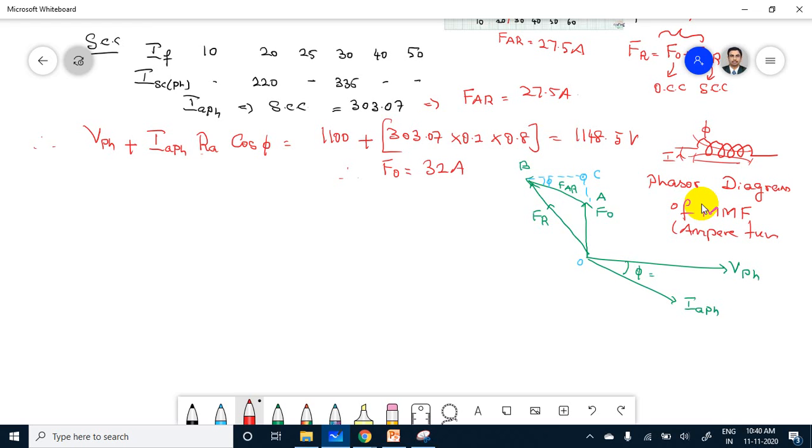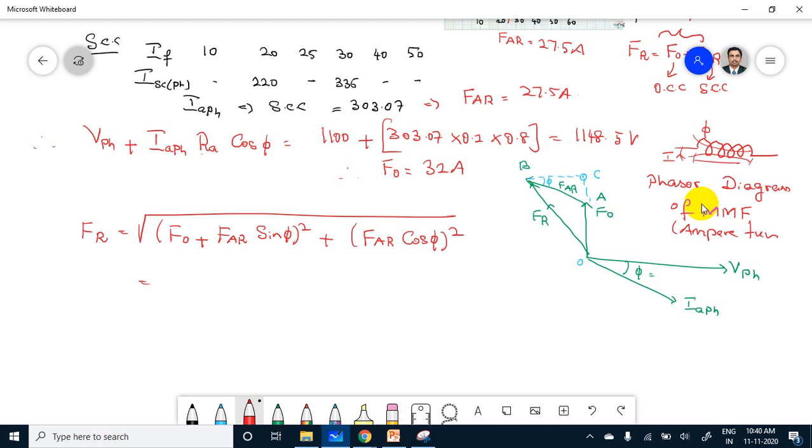So the final equation: FR equals the square root of, because I am directly writing the formula, please follow my procedure, it is very simple, (FAR sin phi) whole squared plus (FAR cos phi) whole squared, square root of, how much is my F naught? As per our graph, how much F naught did we get? What is the F naught value?